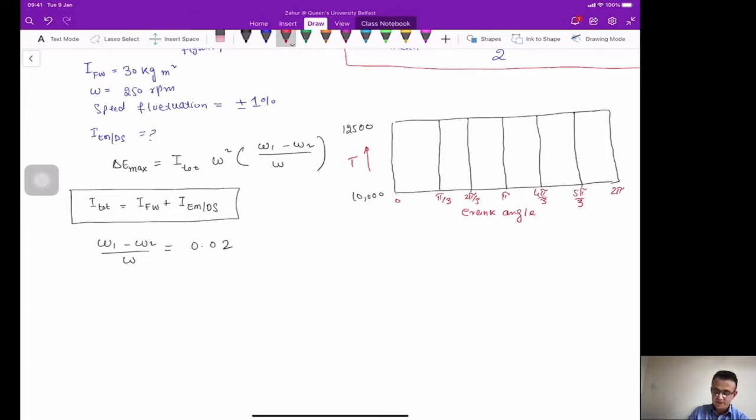So in this case, the torque diagram was going to this point here, and then it was going to this point here, and then this point.